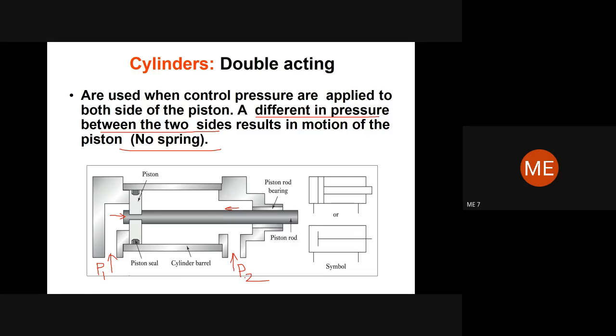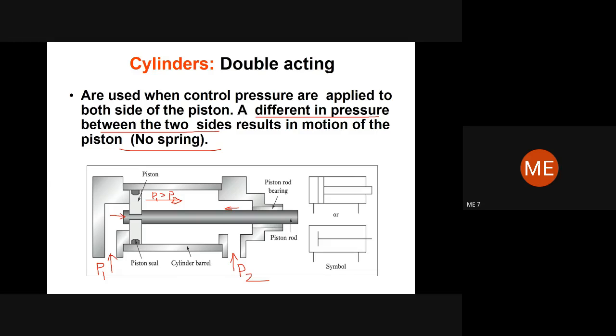The piston moves from this end to this end. Once again, if P1 is greater than P2, the extension is going to occur.